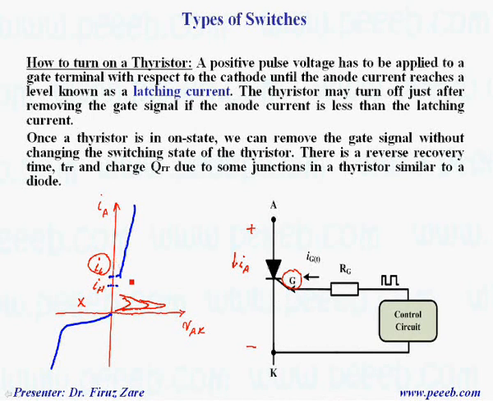If the current through the thyristor is less than that, then the thyristor turns off. And in any circumstances, when the system is operating and the thyristor is conducting, if the current through the thyristor gets less than the holding current, the thyristor turns off.